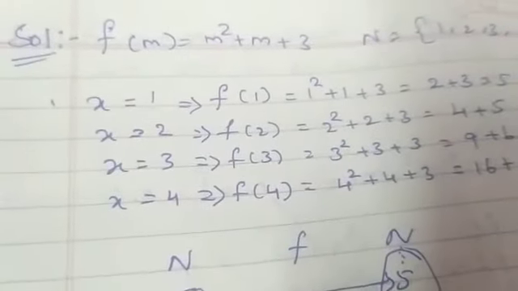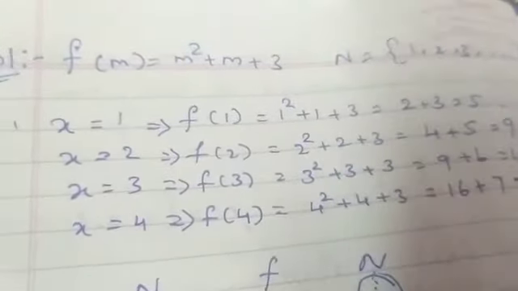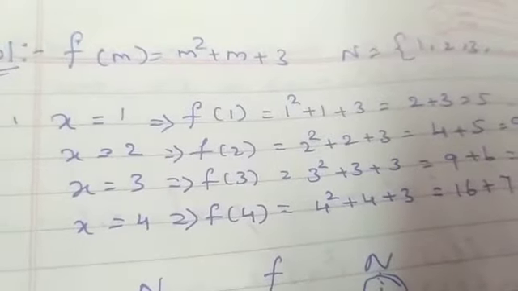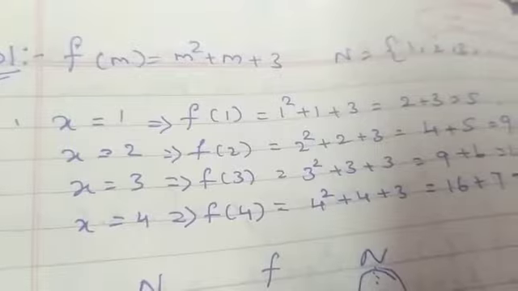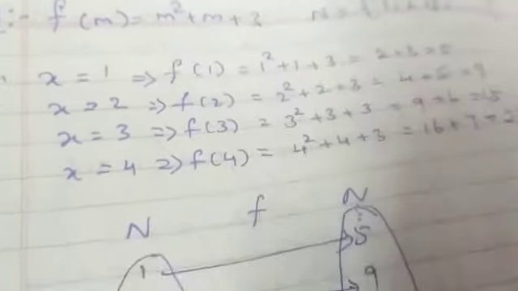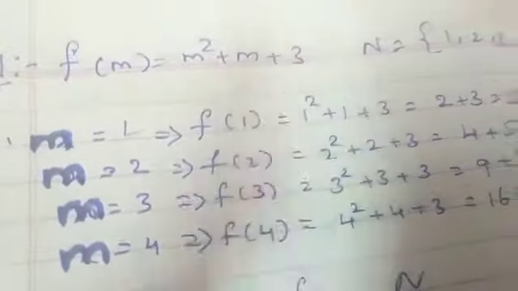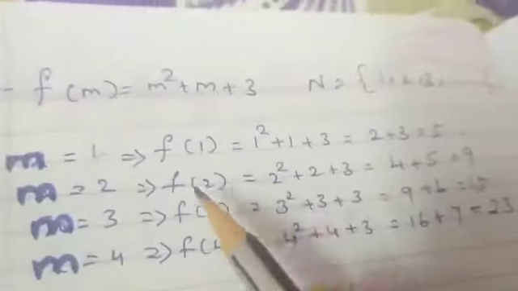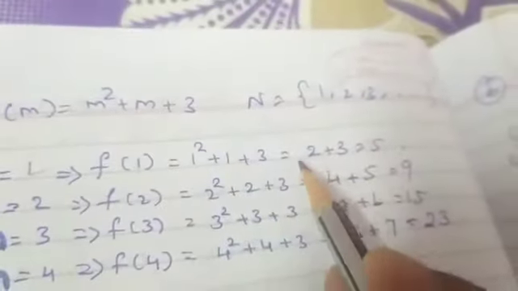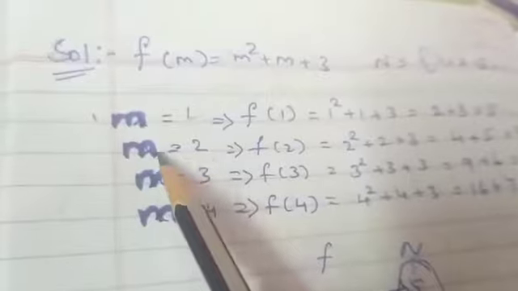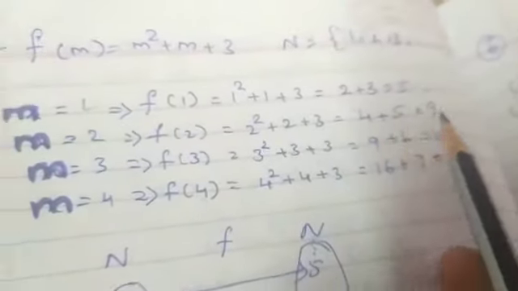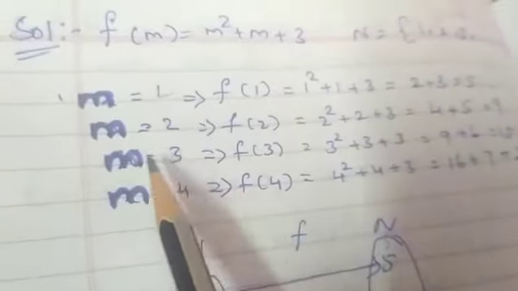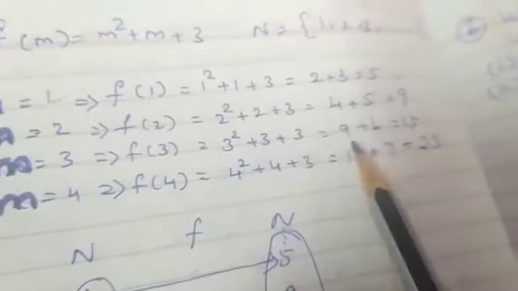So I'll substitute one by one the values of natural numbers. So when I substitute m as 1, I'll get f of 1 equal to 2 plus 3 equal to 5. When I substitute 2 in the place of m, I'll get f of 2 equal to 4 plus 5 equal to 9. When I substitute 3 in the place of m, I'll get f of 3 equal to 9 plus 6 equal to 15.